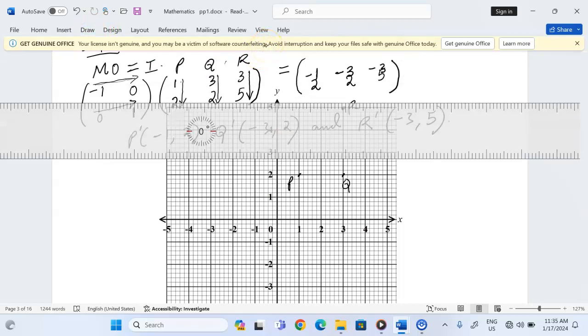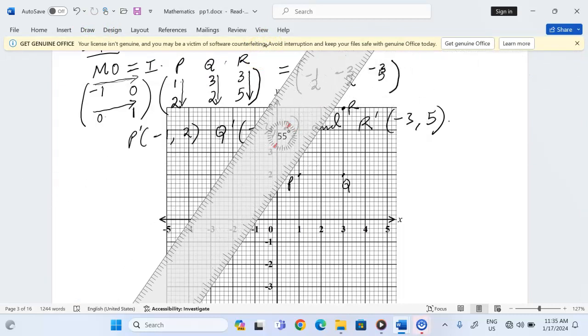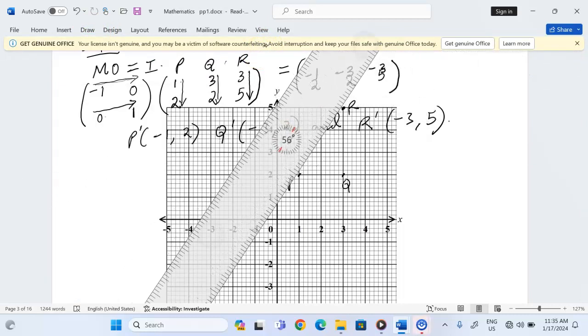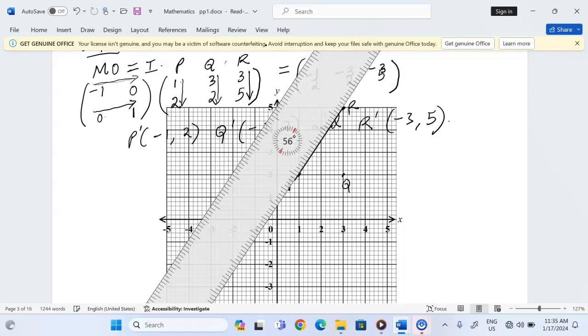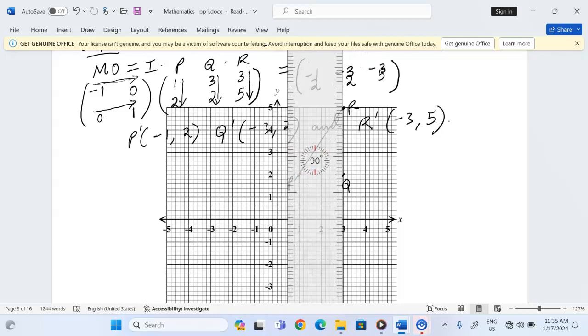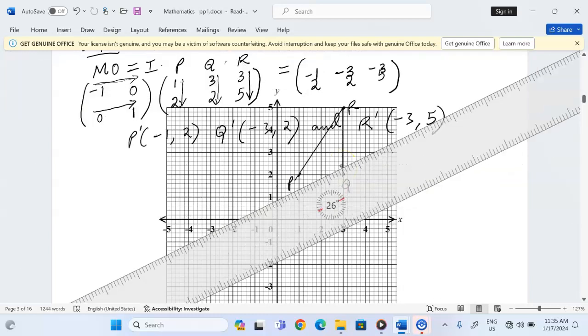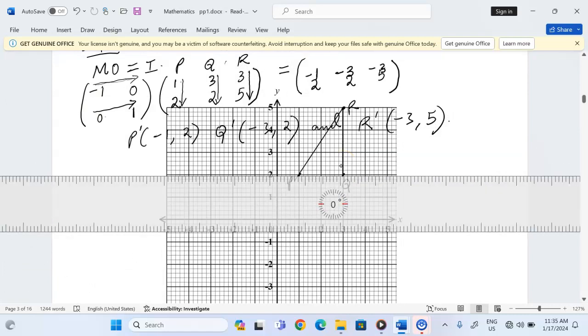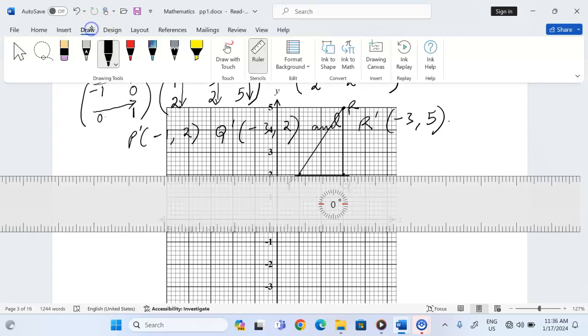Let me use my ruler to draw that line, then this line, and finally this one. So that is the first triangle.